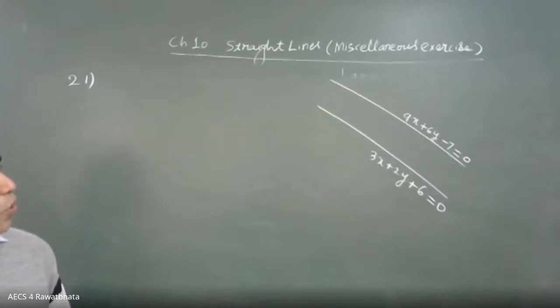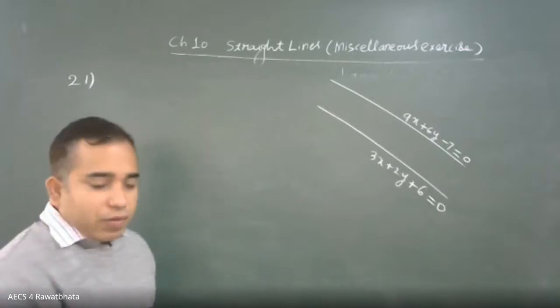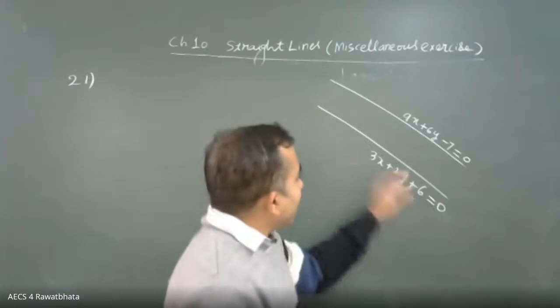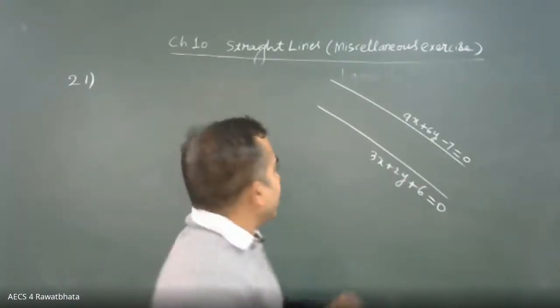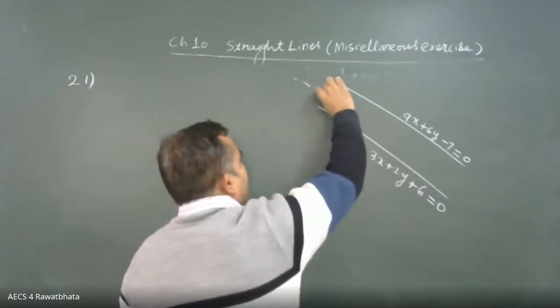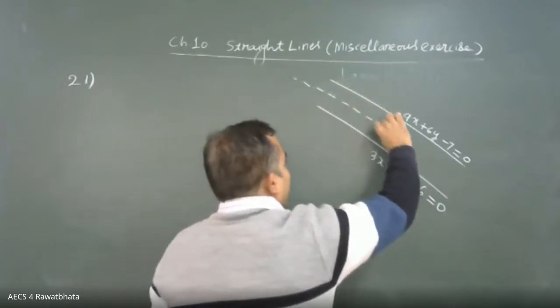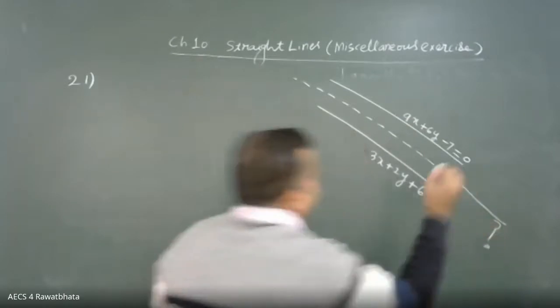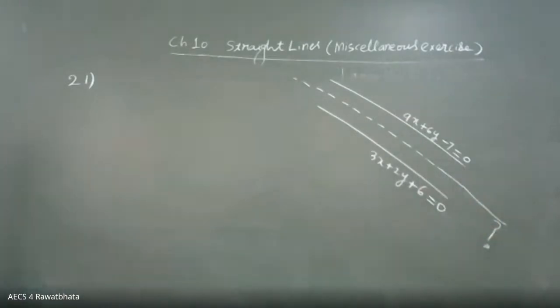Okay, so we have to find the equation of a line which is always equidistant from these two parallel lines, right? So I think that equidistant, that line must pass through exact middle of these two, isn't it? So its equation only we have to determine, isn't it?